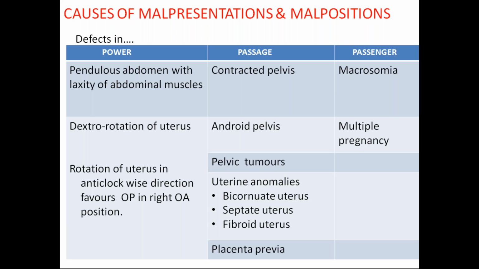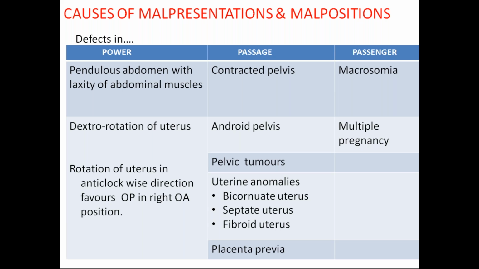Okay. So the causes of malpresentation or malposition can be divided into abnormalities in the power, passage, and passenger. Power means uterine action. So you have a grand multiparous woman, a fifth gravida, sixth gravida, who are fortunately uncommon nowadays.